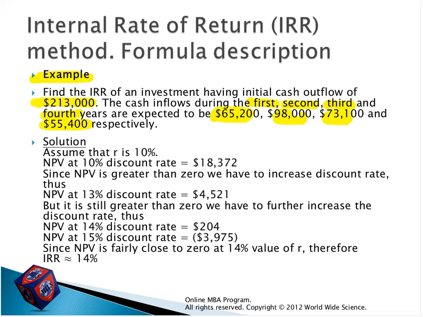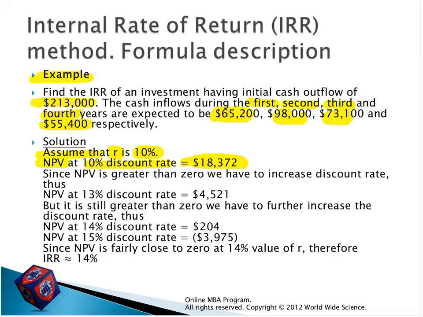So first, we are assuming that R, which is the discount rate, is 10%. You see, we're just assuming. So we're starting from 10%. And after calculation, NPV at a 10% discount rate is equal to 18,000. So NPV is still higher than 0, right?